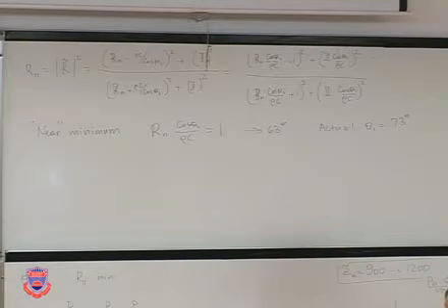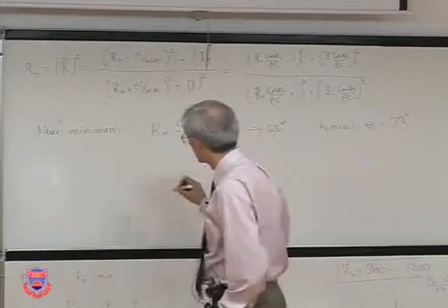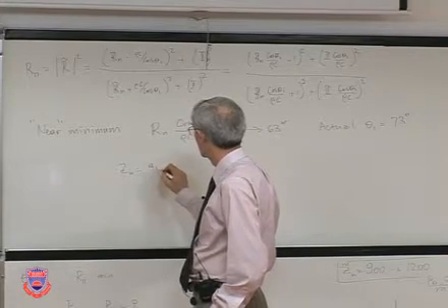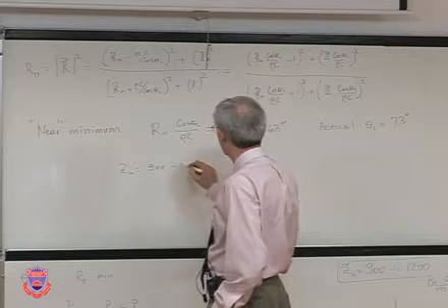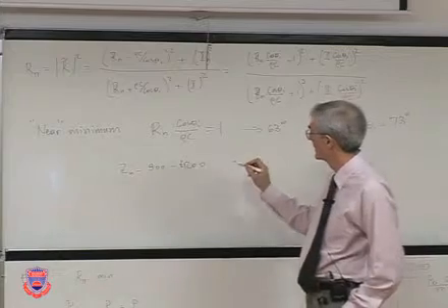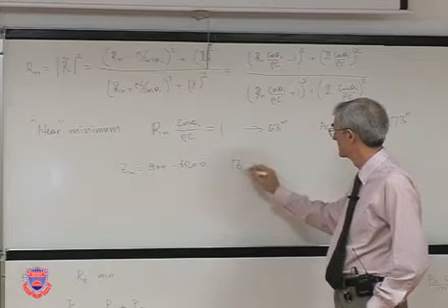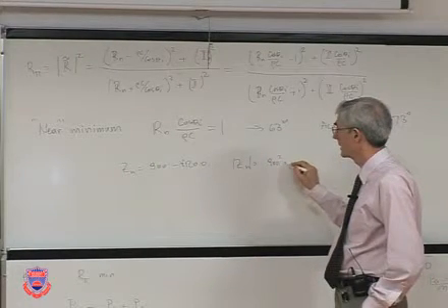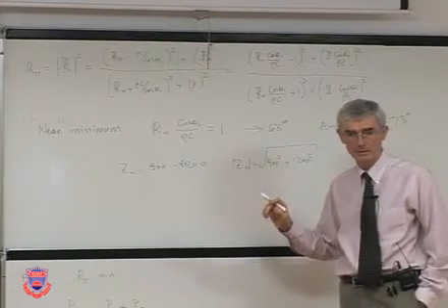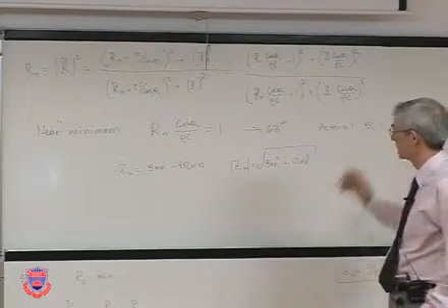Yes, you know why? If you look at the impedance here, Zn is 900 minus i 1200. If you take its absolute value, it will be the square root of 900 squared plus 1200 squared. That's what you did, right? And that gave you that value, which coincides with this.